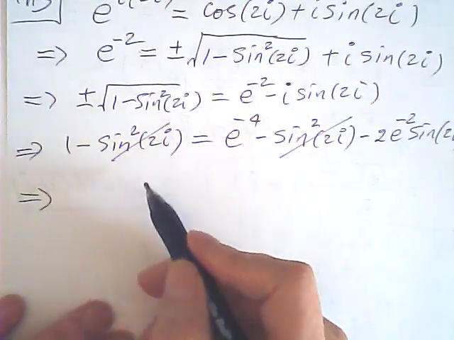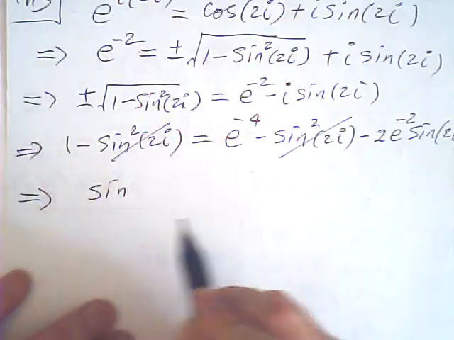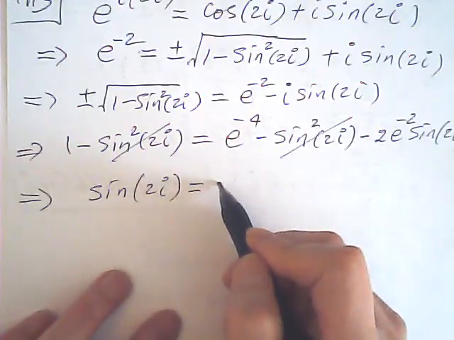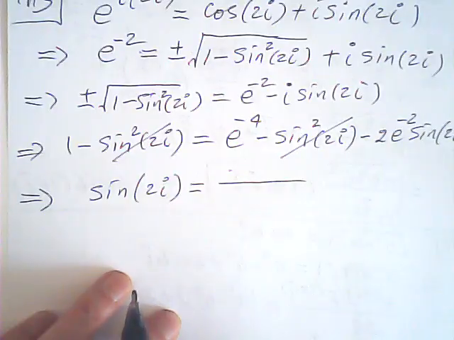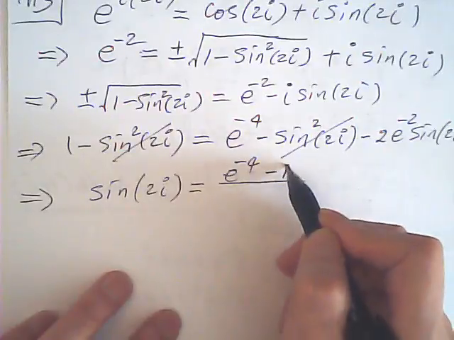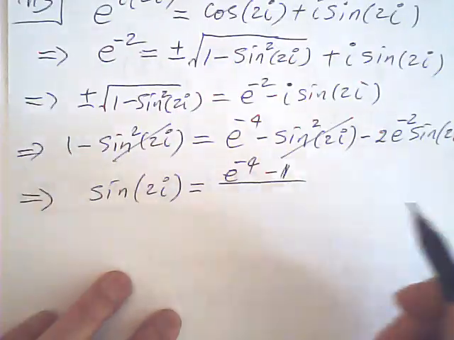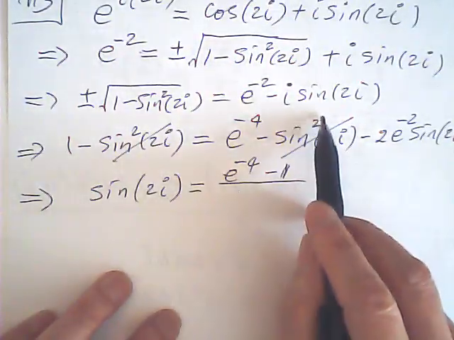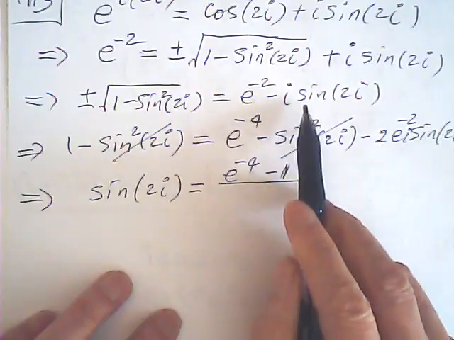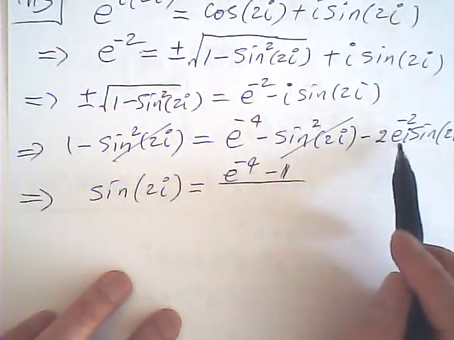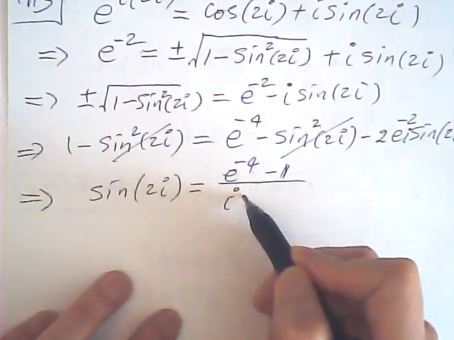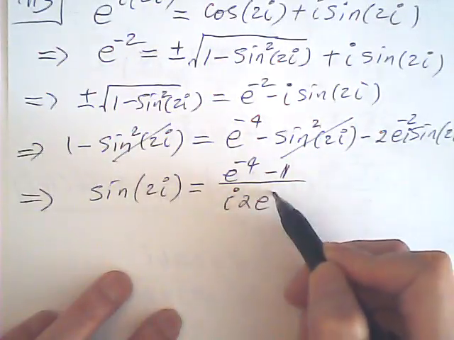So I can find sine 2i is equal to e to the negative 4 minus 1, divided by 2 times this term, 2ei, times 2e to the negative 2.